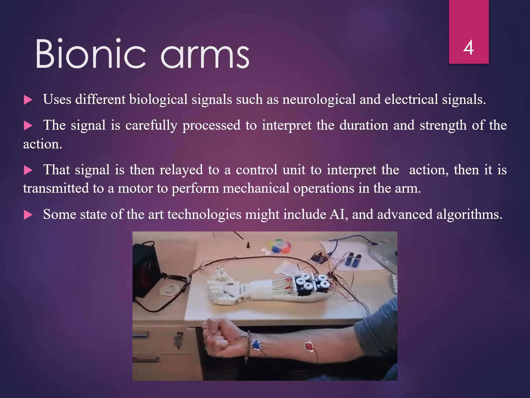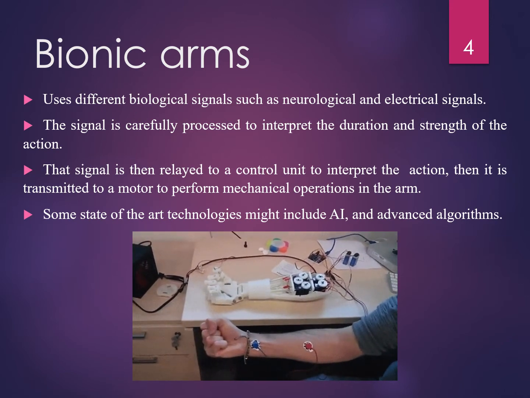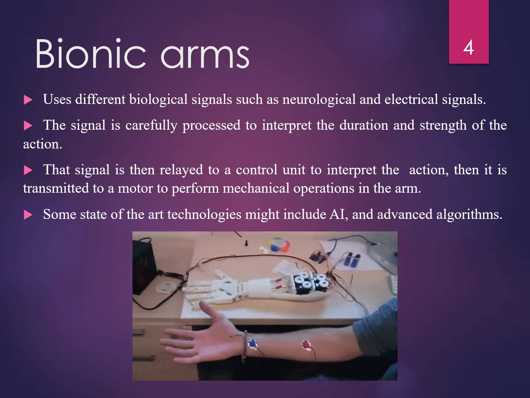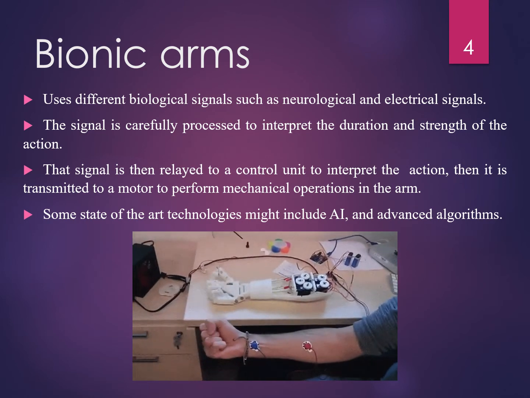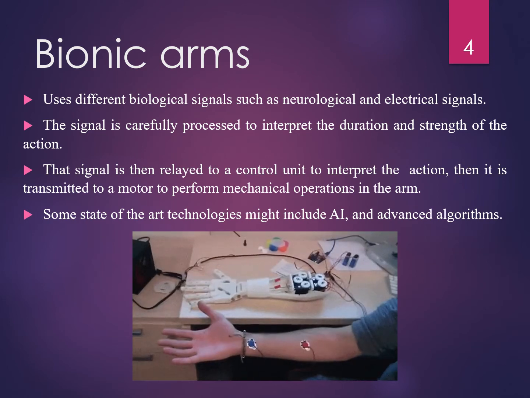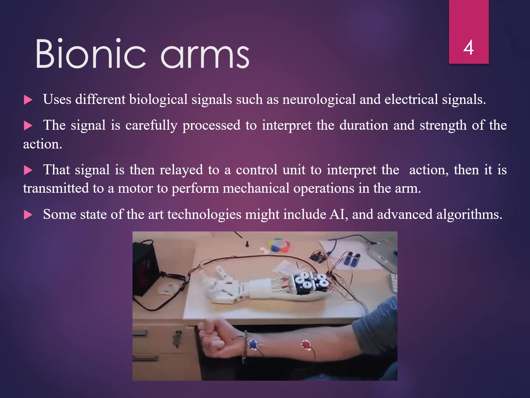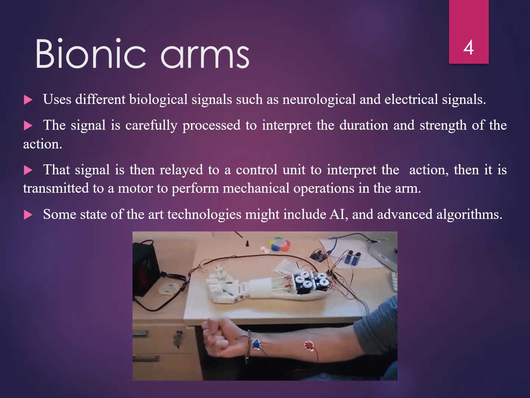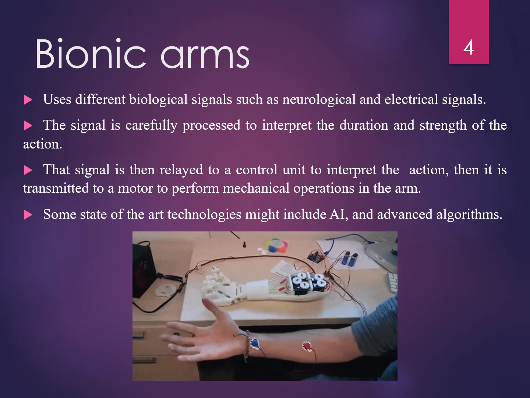Bionic arms are simply prosthetic arms that can be controlled using different methods such as neural sensors, brain waves, or myoelectricity. The main theory behind bionic arms is that they use different biological signals, such as neurological and electrical signals, to detect a change that corresponds to an action initiative, such as clenching a fist or extending an arm. The signal is carefully processed to interpret the duration and strength of the action.